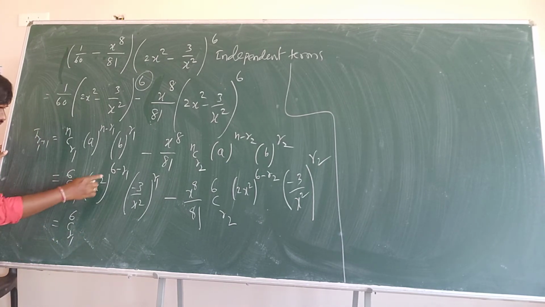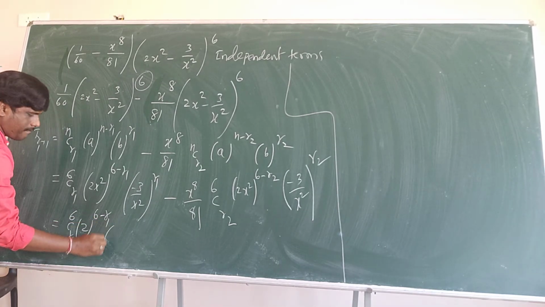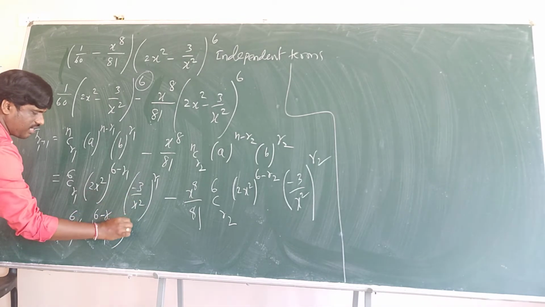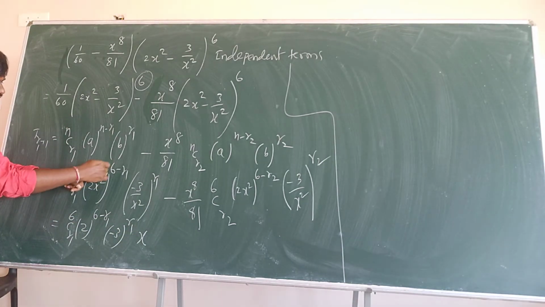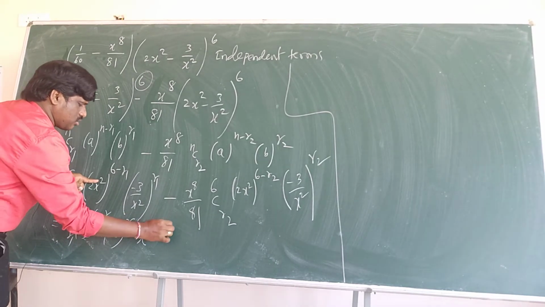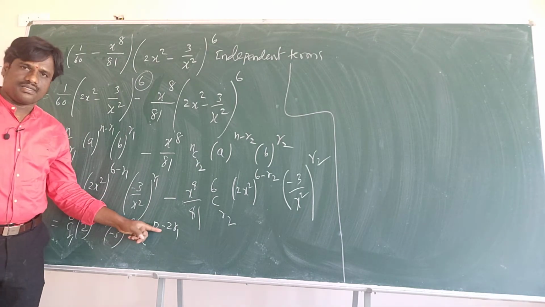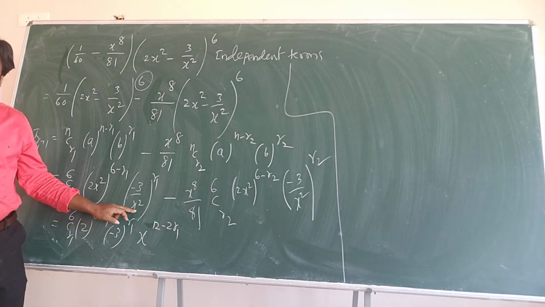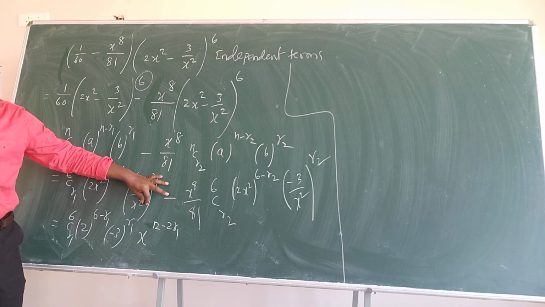6Cr1. I write 2 power 6 minus r1, minus 3 power r1, and x square power is 2, 6 are 12 minus 12 minus 2r1. Okay, we find x here, and here x will be what? This r1 comes down, so x power 2r1.